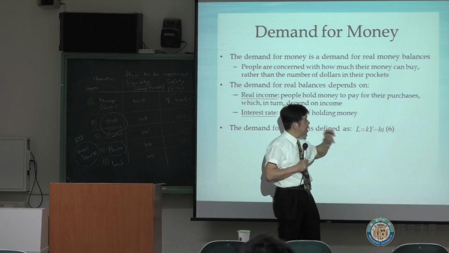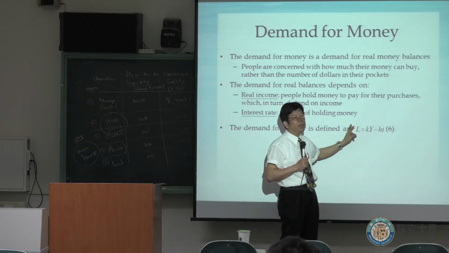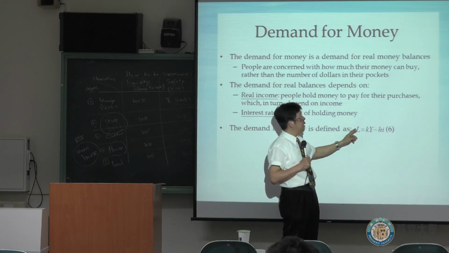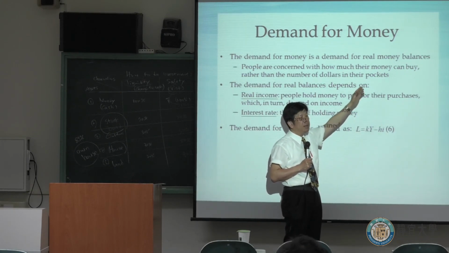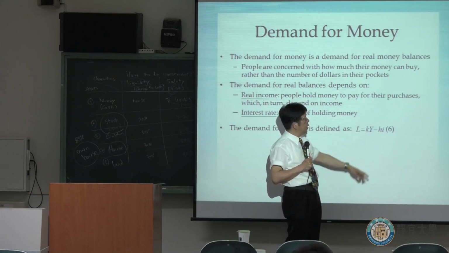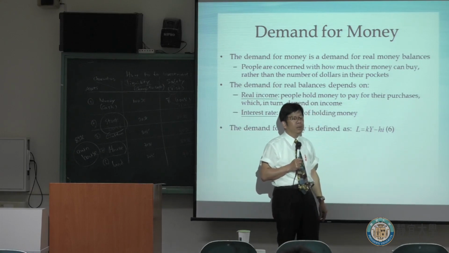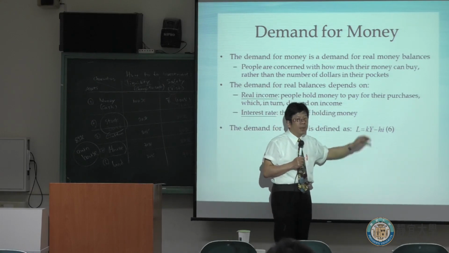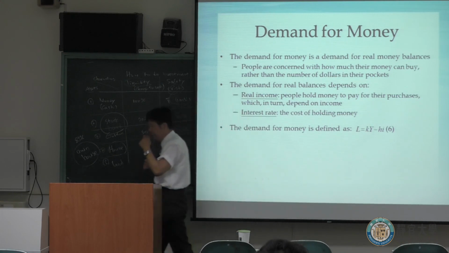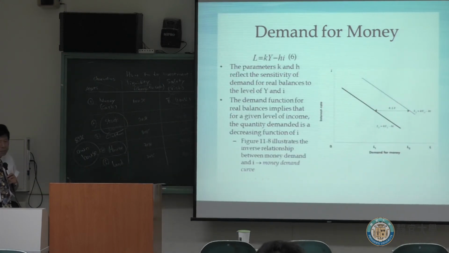But they have a negative relationship with money demand. It means if the interest rate is higher, then the money demand will be lower, and if the interest rate is lower, then the money demand will be higher. So we get a negative relationship.